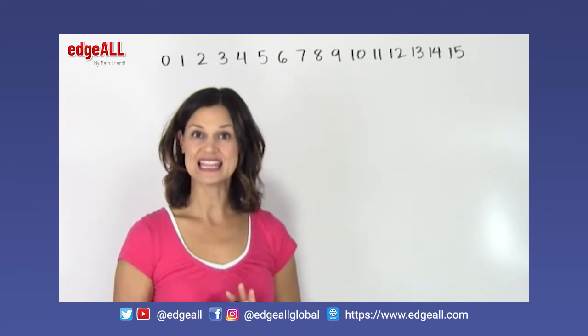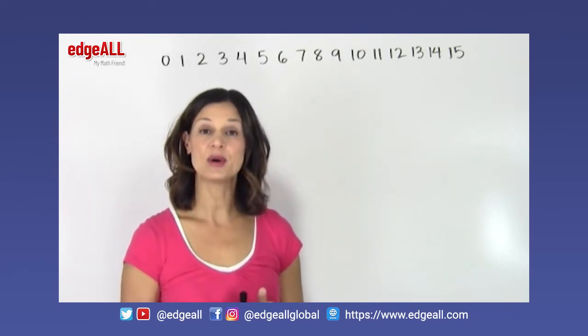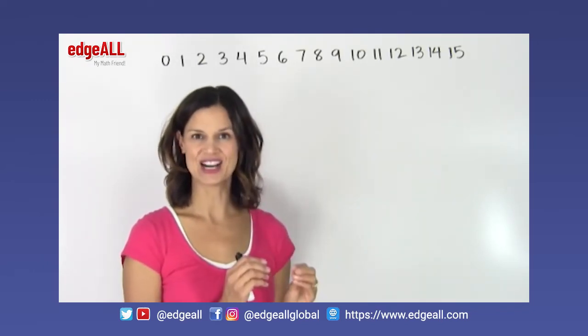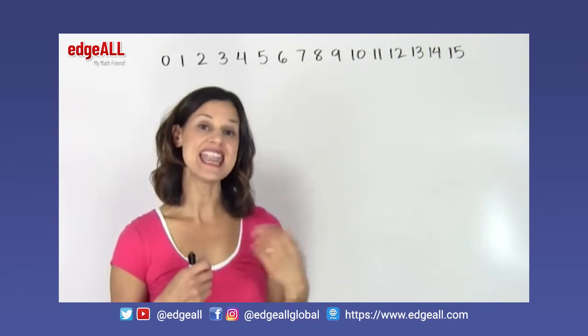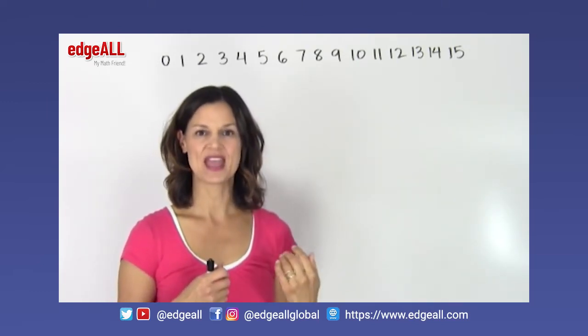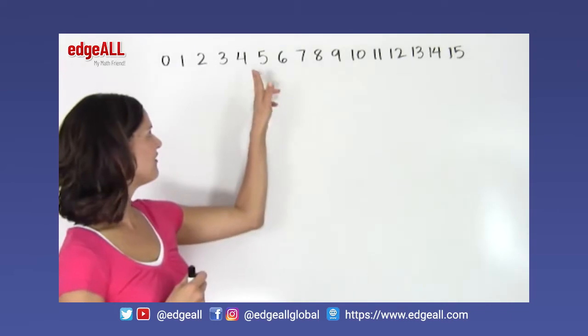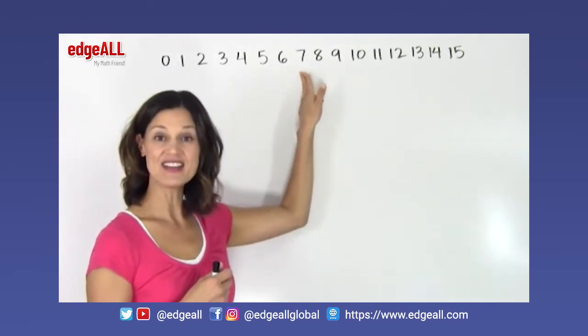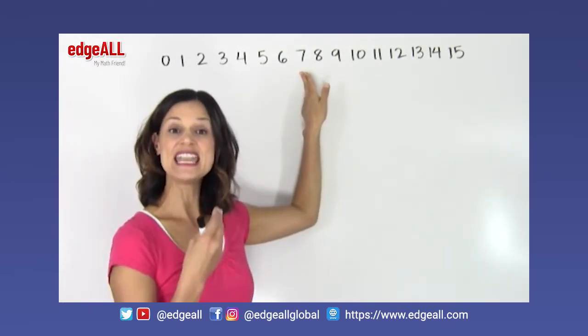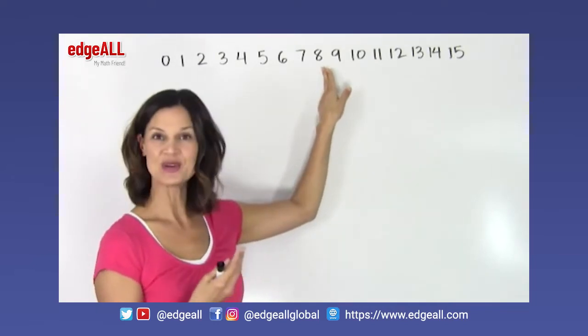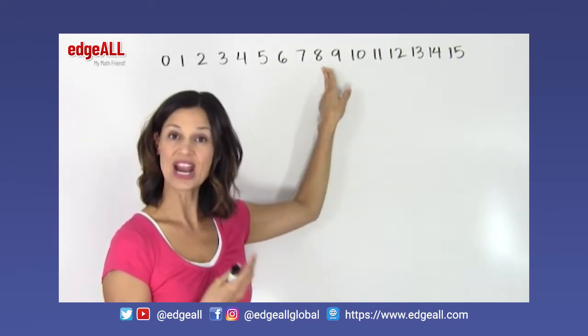When counting this way, the number one higher is called the next number. When counting 5, 6, and 7, for example, the next number you would count would be the number 8.